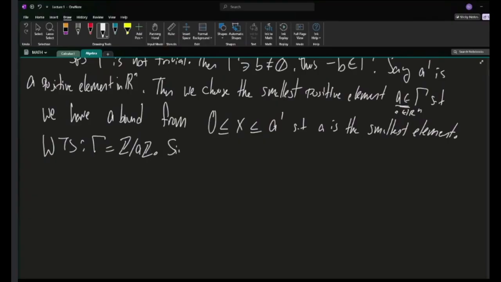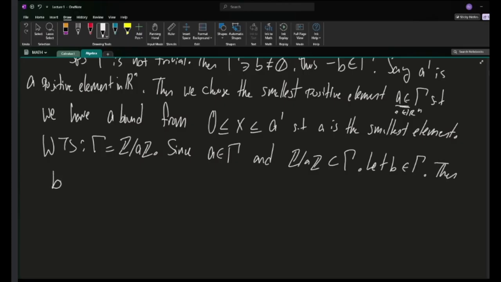Since we've established that A is within gamma, and gamma itself is a group, and ZAZ is a subgroup of gamma, what we're trying to show is that gamma is also a subgroup of ZAZ. So let B be an element of gamma. Then B is equal to RA.